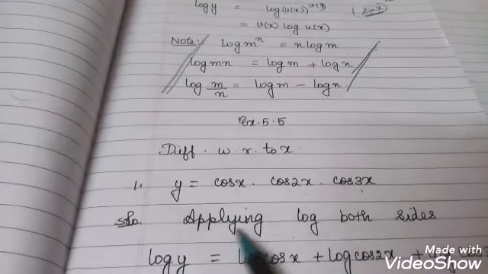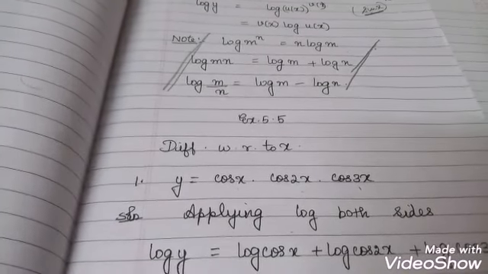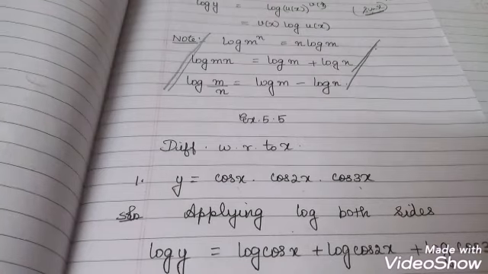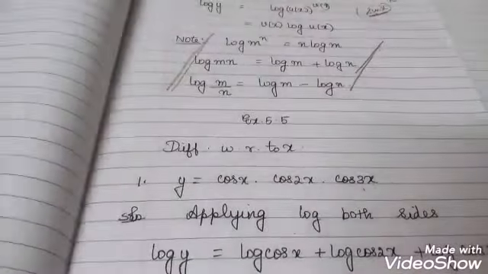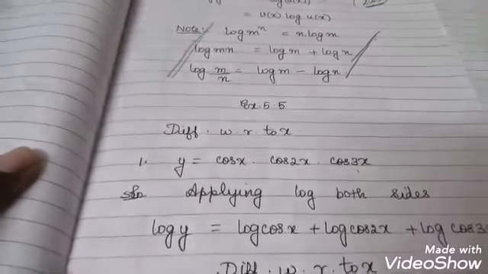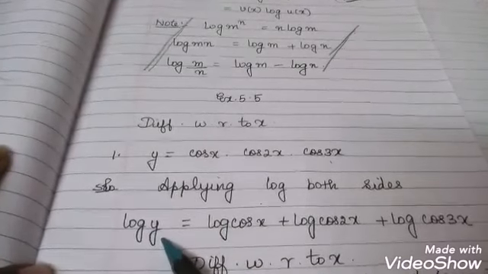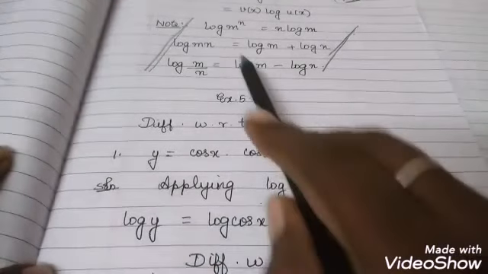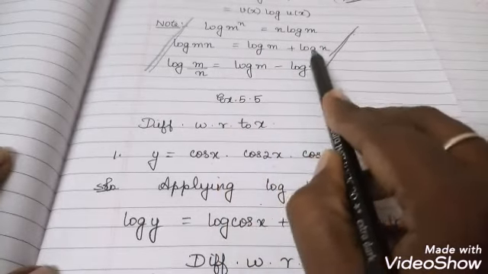Here I am going to apply log both sides and then differentiate it with respect to x. So applying log both sides, what will I get here? Log y equal to, just now I told you, log of mn is equal to log m plus log n.